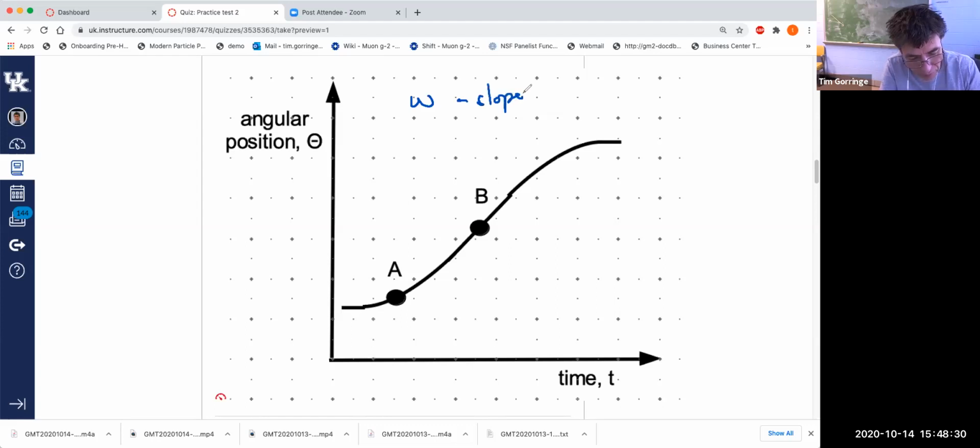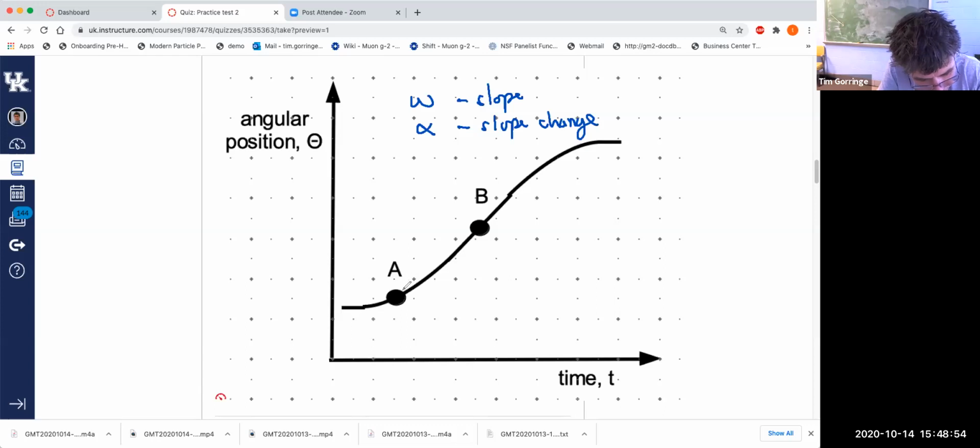That's how to see it. So where it's steep, it's large velocity. Where it's shallow, it's small angular velocity. If you want to see the angular acceleration, that's the slope change. So if the slope is getting steeper or the slope is getting shallower, that corresponds to angular acceleration.